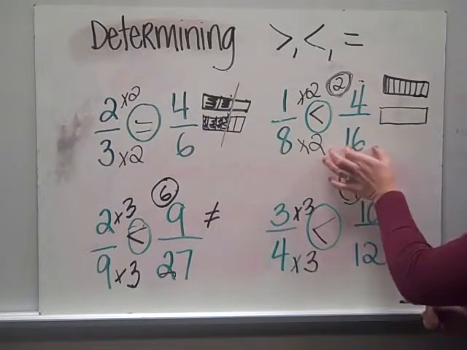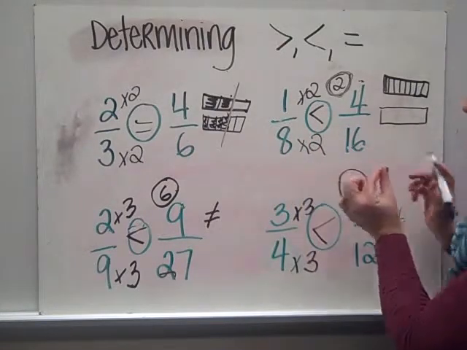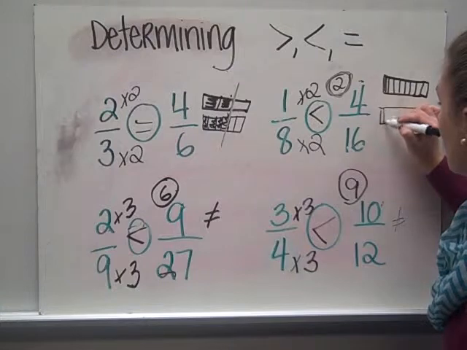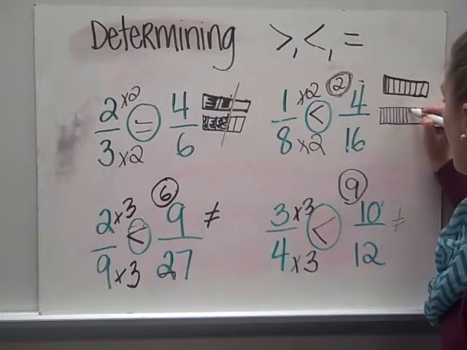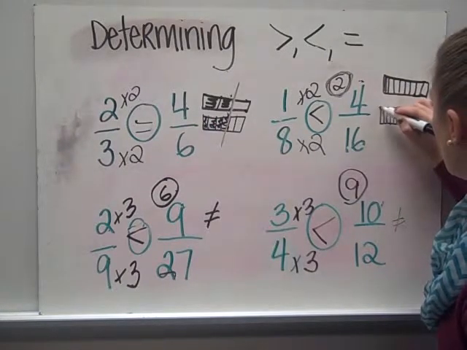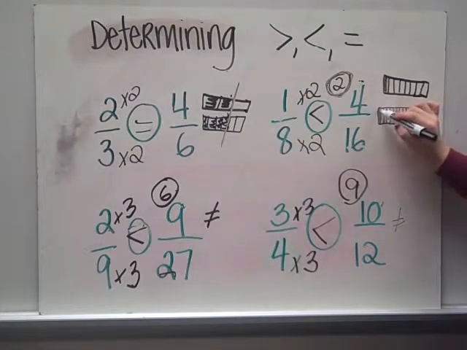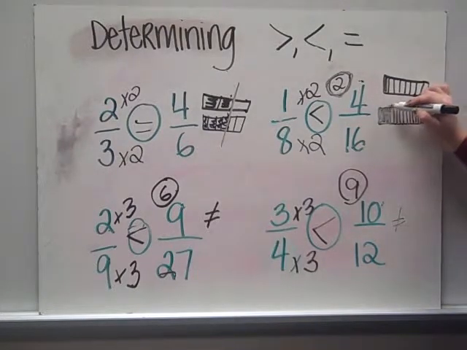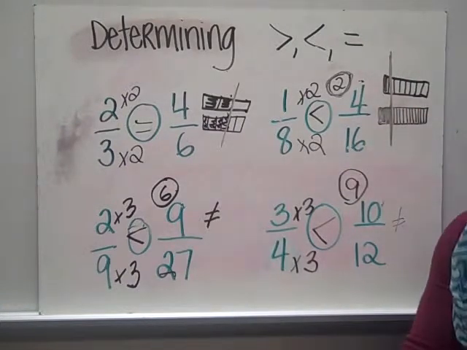And remember, as this denominator grows in its size, the pieces are going to become smaller because I now have to fit 16 in here. So I had to draw 15 lines. Now if I shade 4, you can see that it is larger. Barely, but it is. Okay?